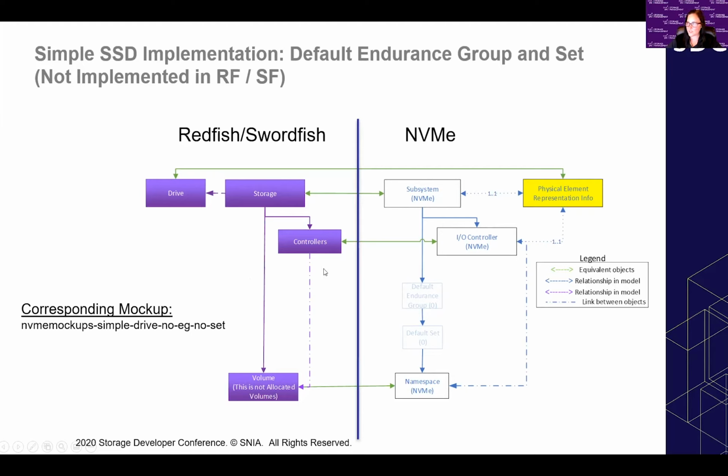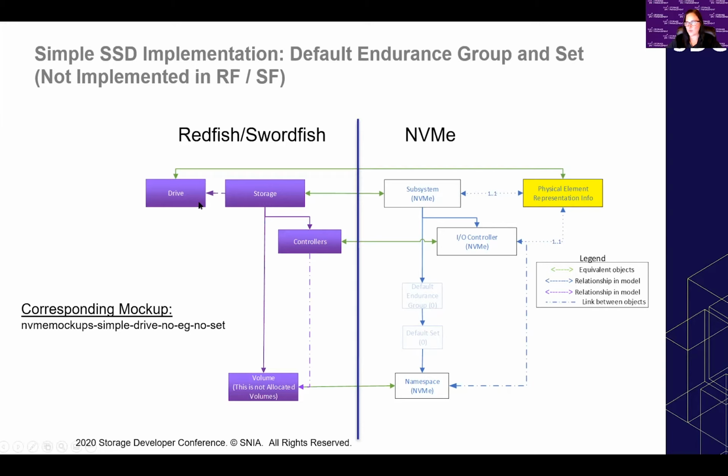So what you see over here is you get implementations for these other objects, and then drive falls into the chassis hierarchy. So the storage, controllers, and volumes fall into the logical hierarchy for Swordfish and Redfish. Drive falls into the physical hierarchy.